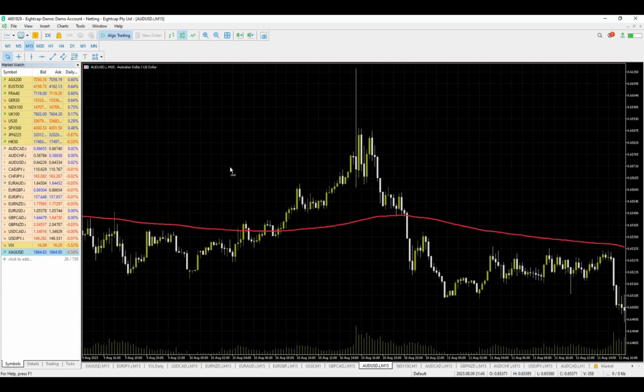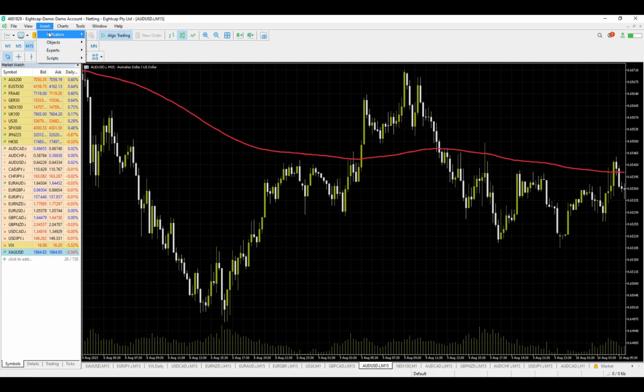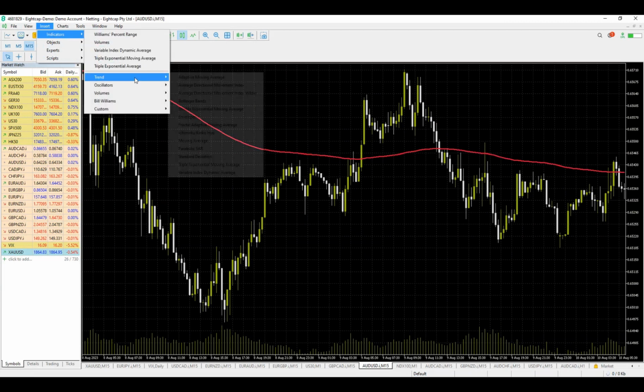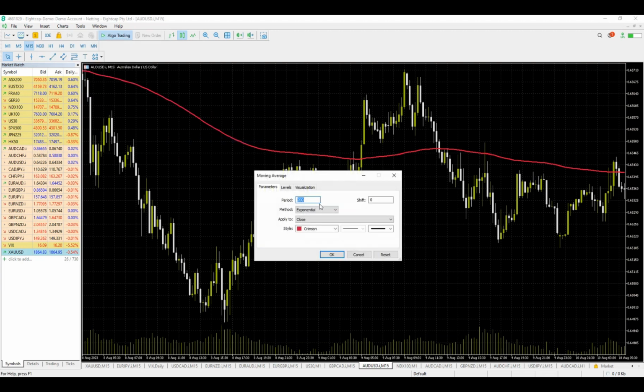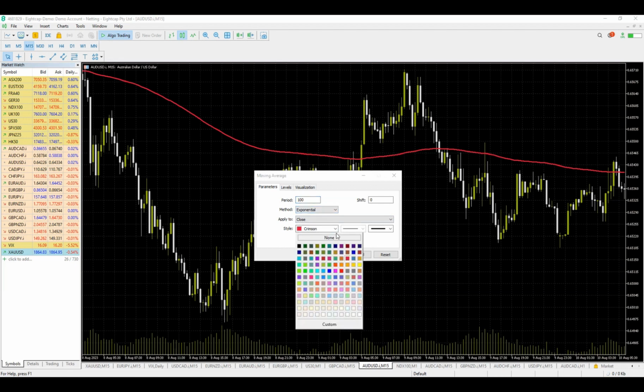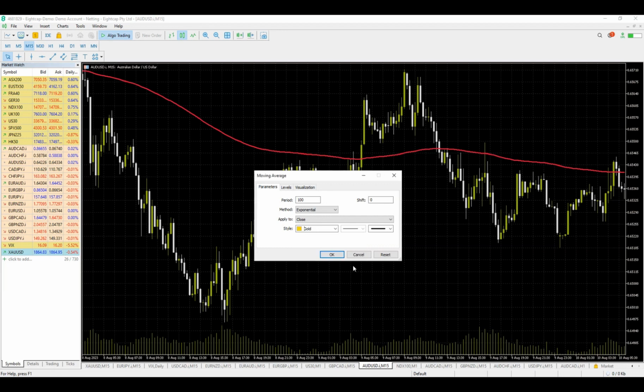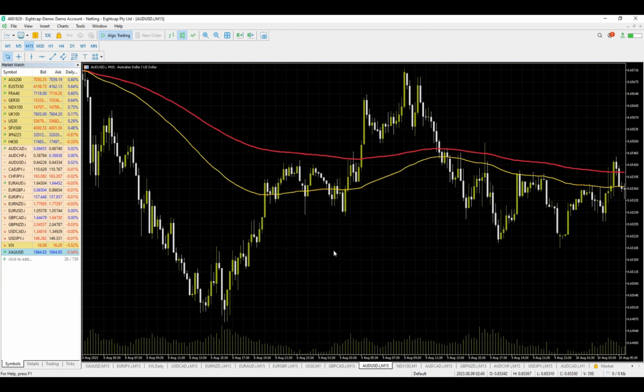Right, so let's insert another moving average. Go to indicators, trend, moving average. Let's put in 100, also exponential, and you change it to, let's say for example, this gold color, a bit thinner. And also we're gonna add another one.